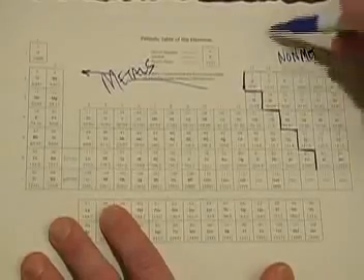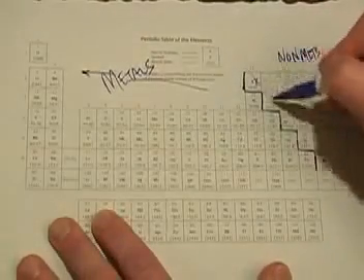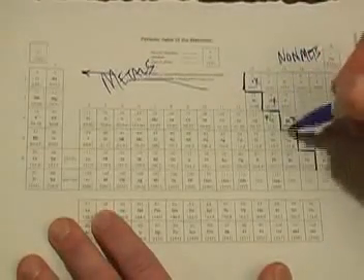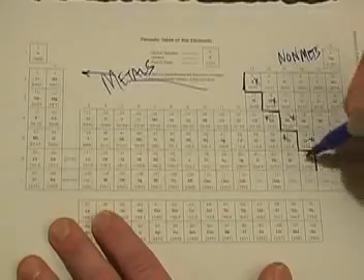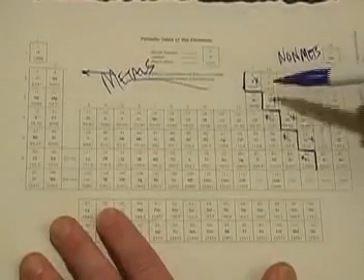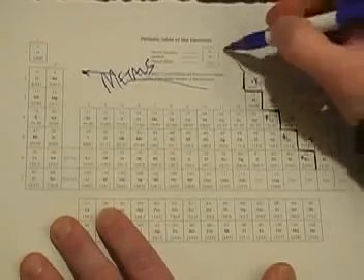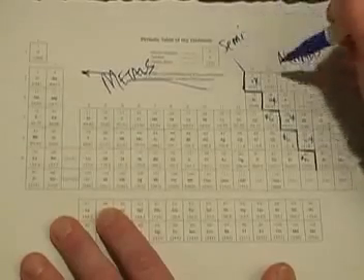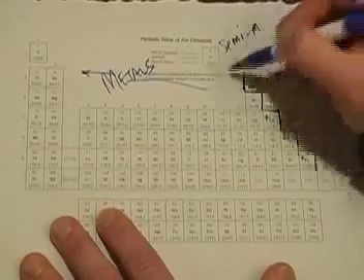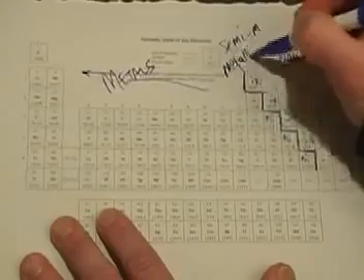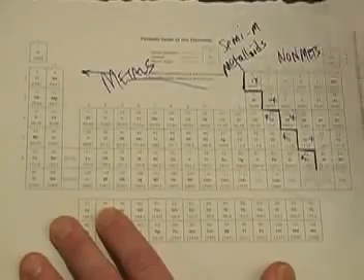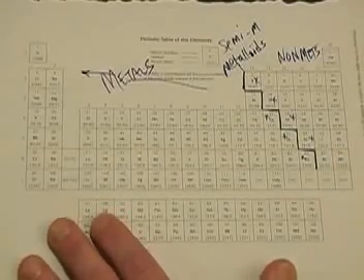The nonmetals are over here on this side. The metals are over here on this side. Elements that border the staircase, except for aluminum, are known as semimetals, or some people call them metalloids, because they have properties of both metals and nonmetals.